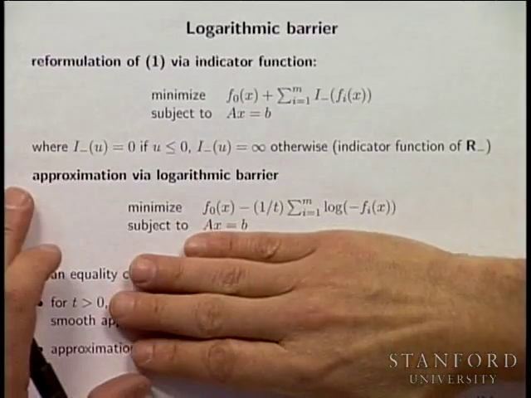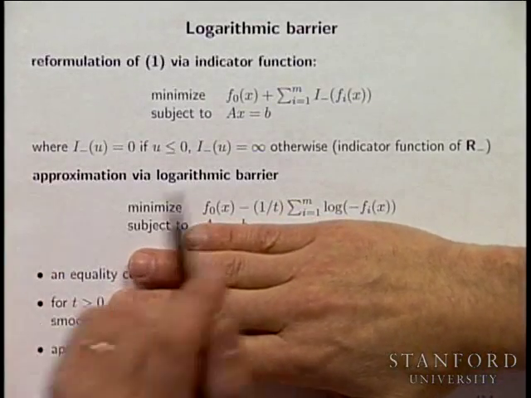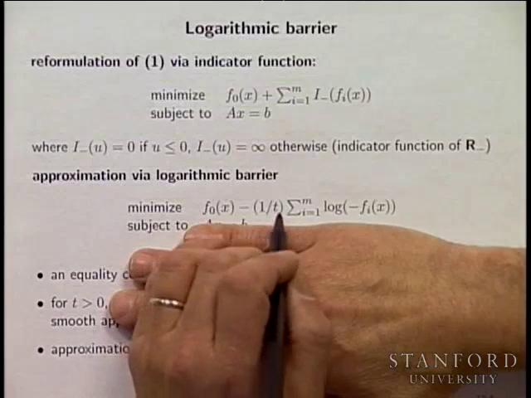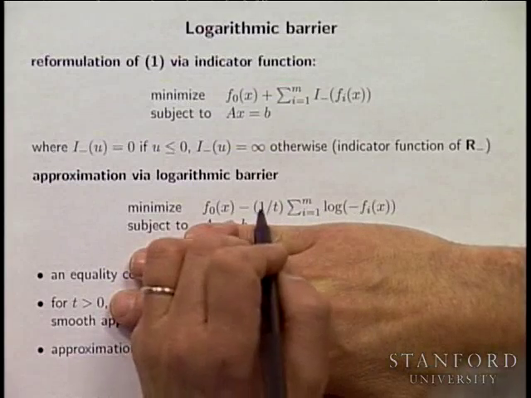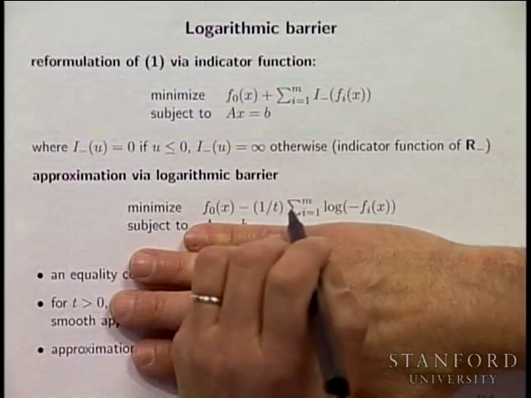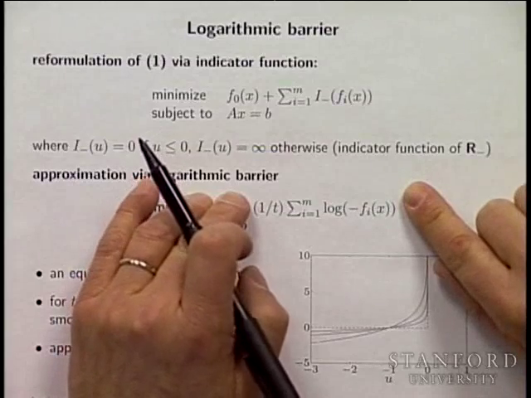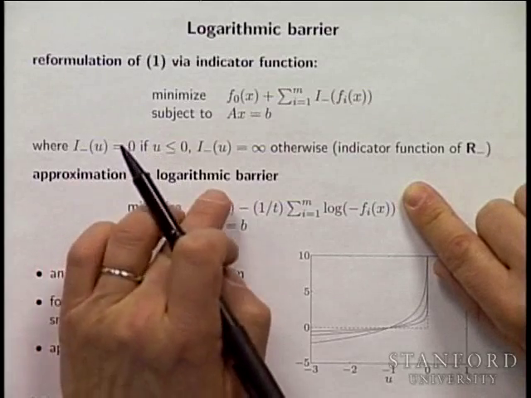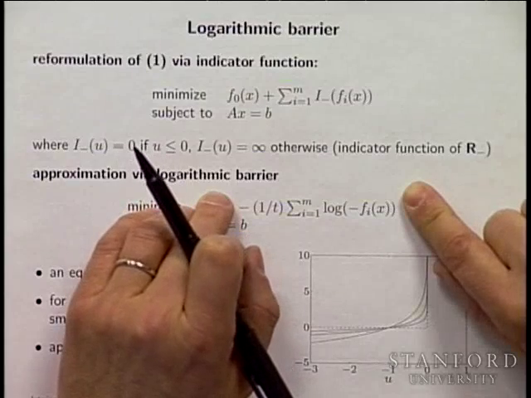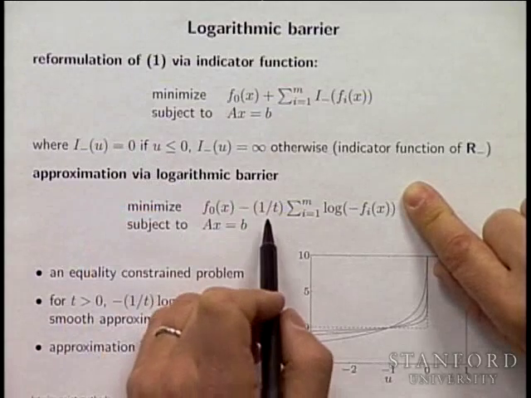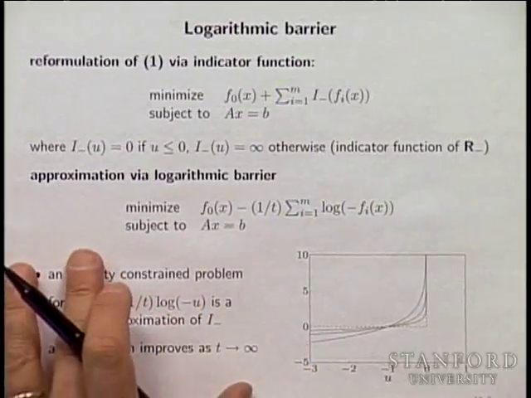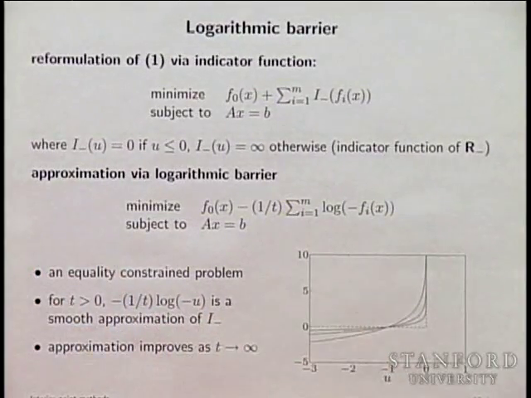The most common barrier is something like this: you have a parameter 1 over t times the sum of the log of the negative things. Sorry, with the minus sign. That is a smooth convex function. And the parameter t simply sets the scale of how nervous you are, depending on how close something is to getting infeasible.